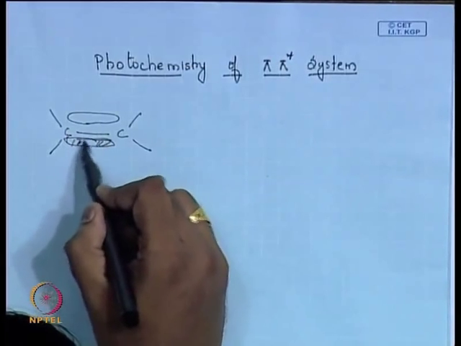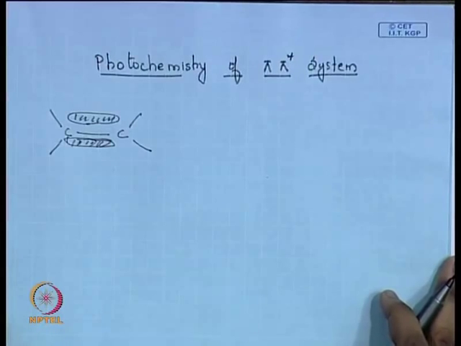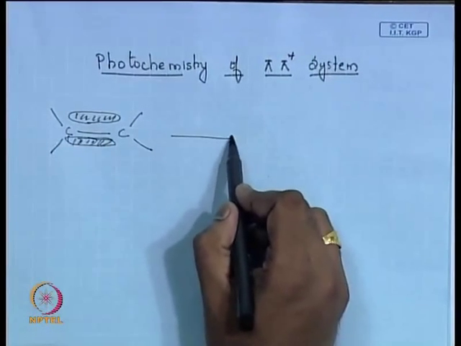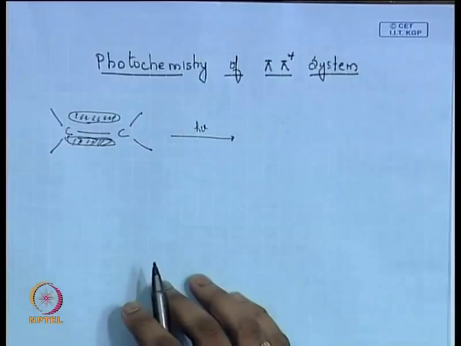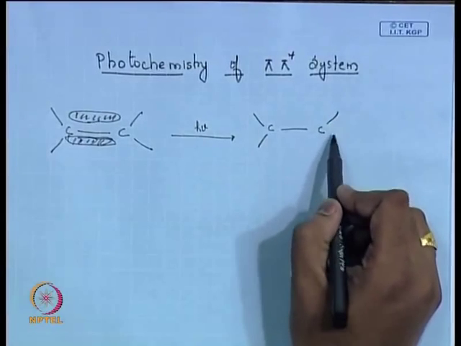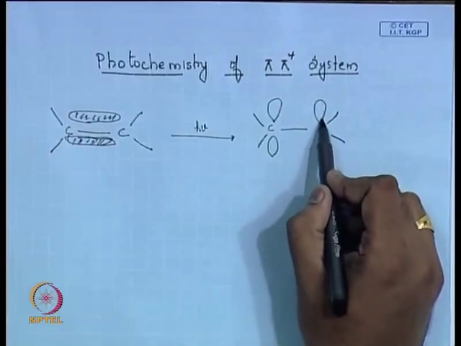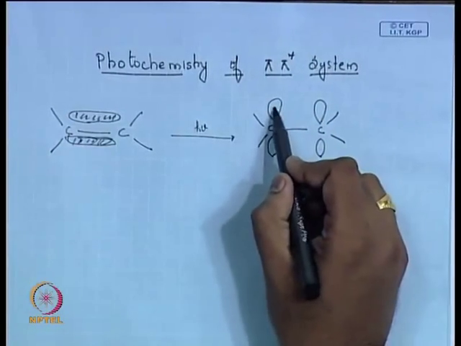So, if you have an alkene, and you photolyze this, what happens is that you get a type of good pi star excitation.